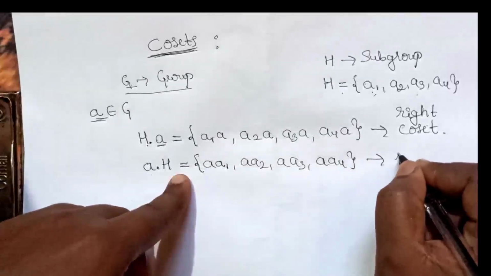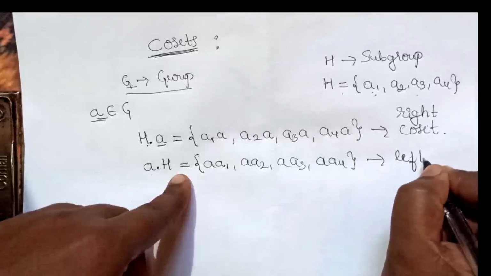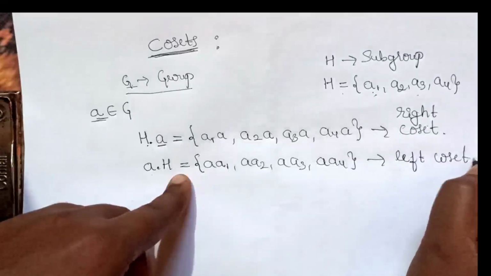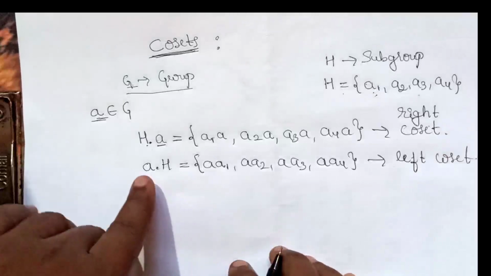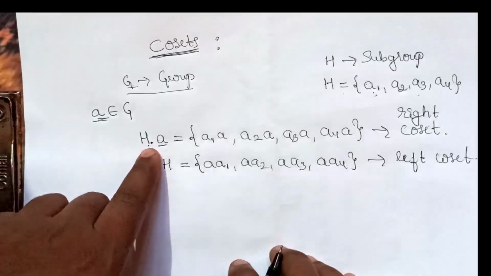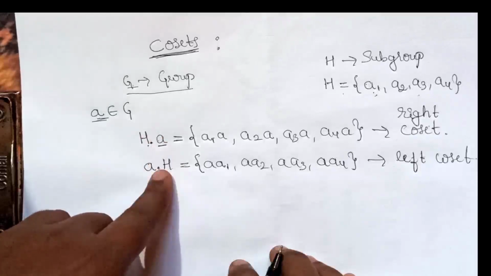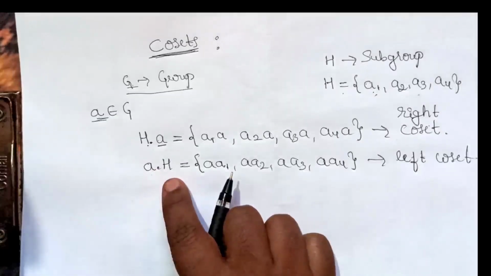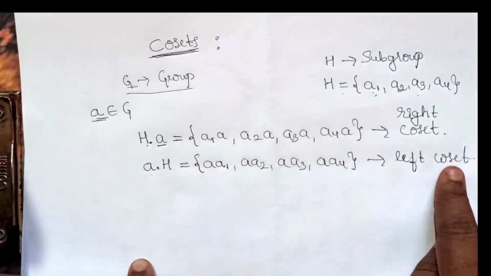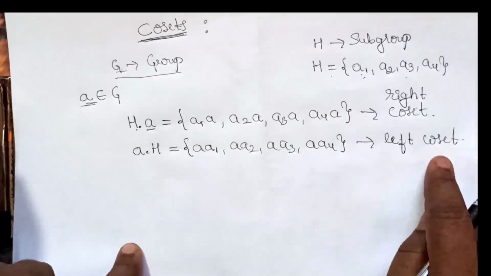So this is called the left coset. Now you got the point. This is the right coset, where we operate from the right. This is the left coset, because the element a is operated from the left side.